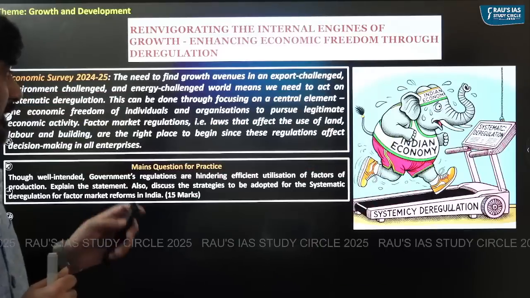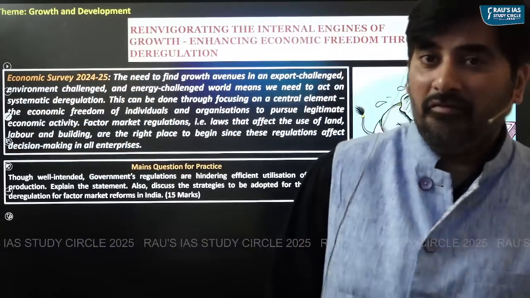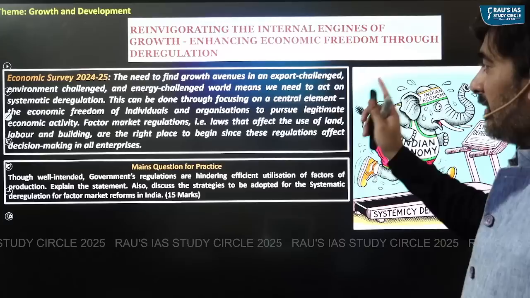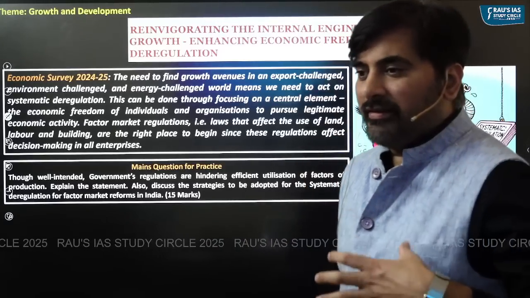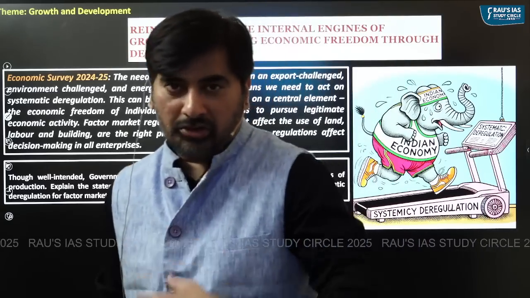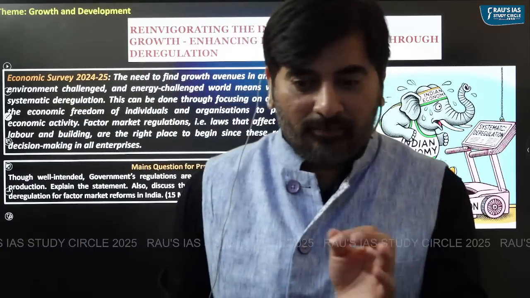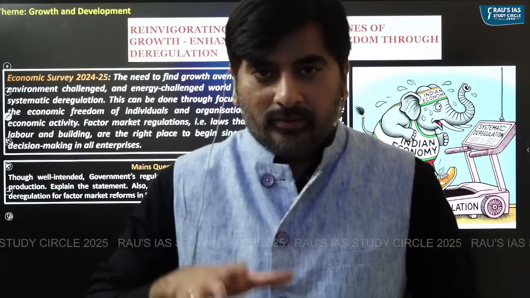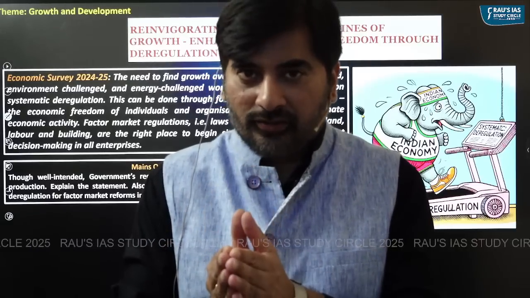Now, let's move on to the last part of this particular chapter, which is about systematic deregulation. What is this systematic deregulation? Remember, I told you at the start of my discussion that government has laid on rules and regulations.